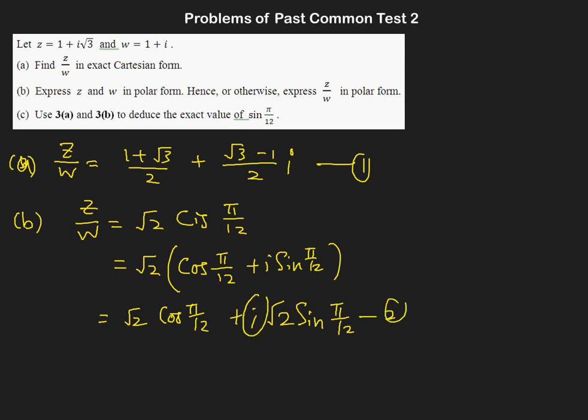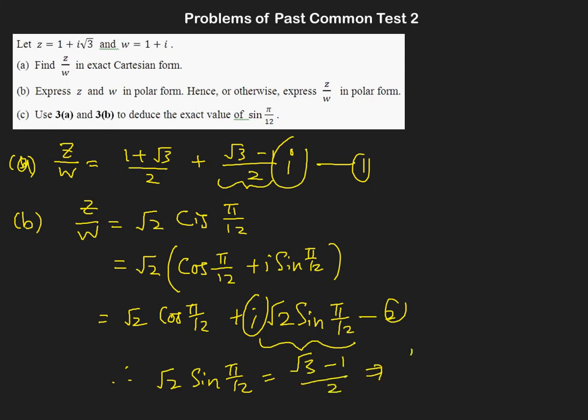That means this is actually the same, this is both Z over W. So the imaginary part must be equal to this. In fact, they're equal. So by comparing, root 2 sine pi over 12 is root 3 minus 1 over 2, or in other words, the exact value of sine pi over 12 is therefore root 3 minus 1 over 2 root 2. Isn't it just so cool?